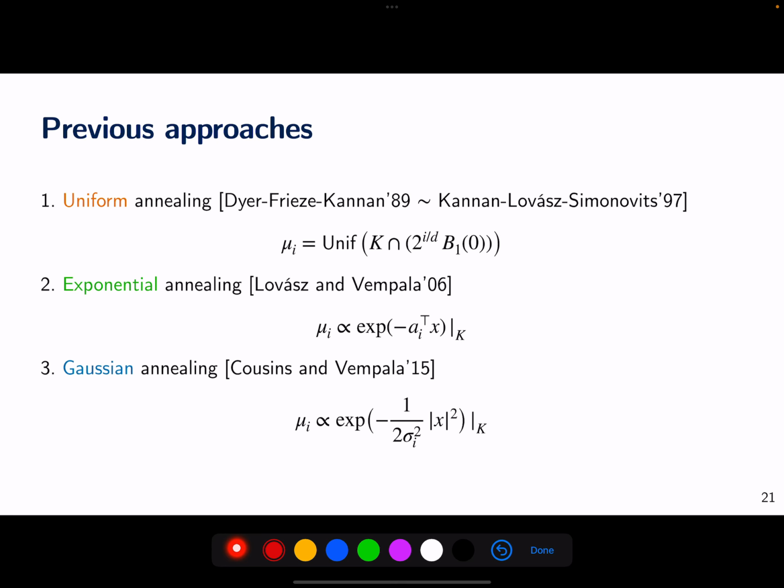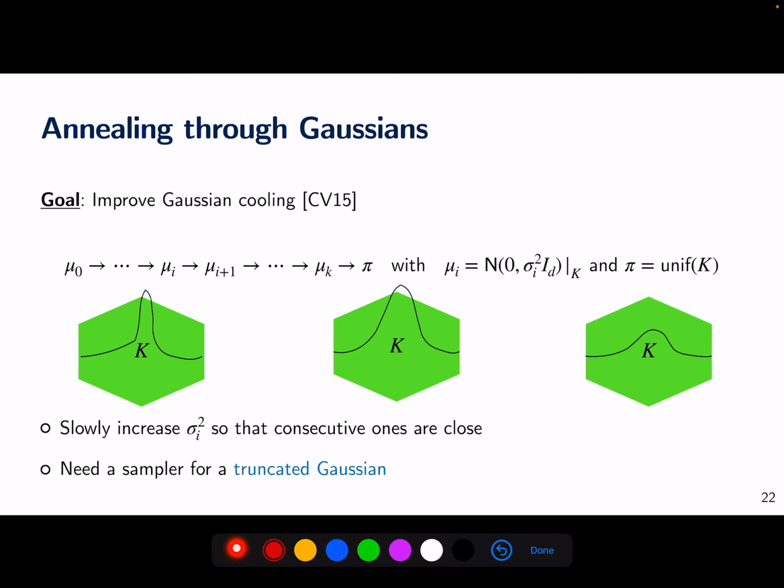Classically, many annealing distributions have been proposed, such as uniform annealing, exponential tilting, and Gaussian as well. In this talk we particularly focus on Gaussian annealing, which is called the Gaussian cooling algorithm.